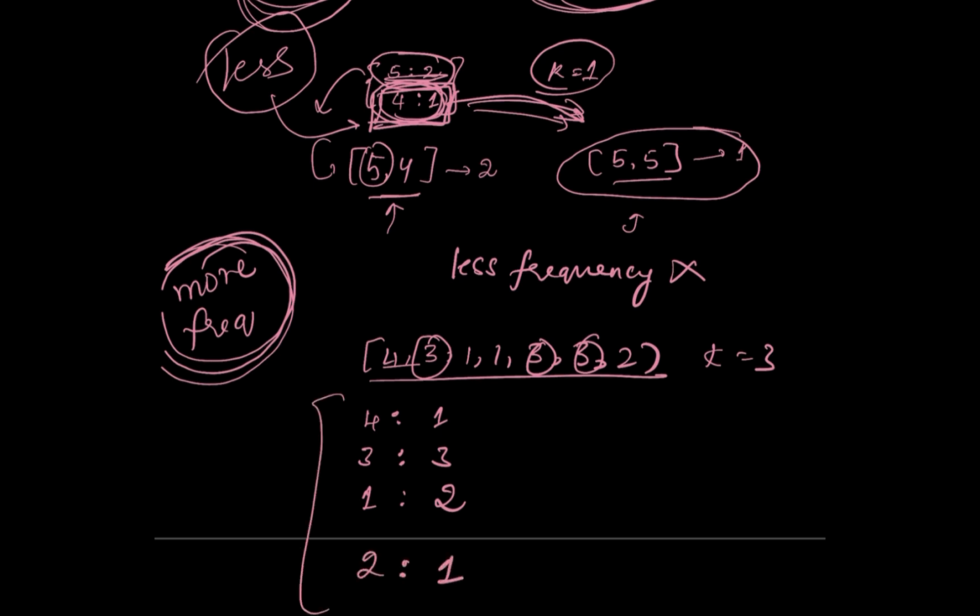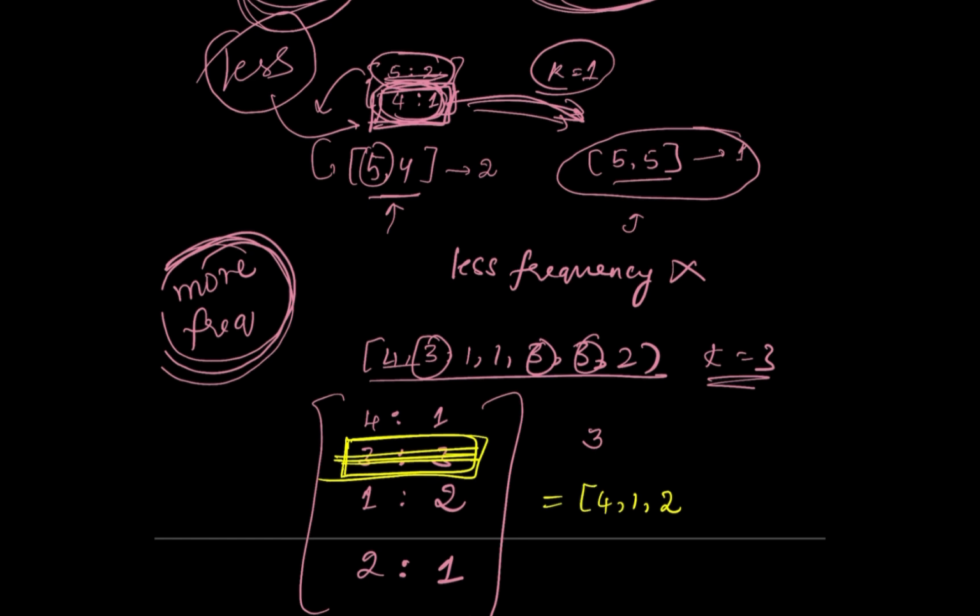Now k is equal to 3, which means I can remove any 3 elements. One option is that 3 occurs 3 times, so I can directly remove 3. Then I'll be left with 4, 1 and 2. But how many unique elements do I have here? I have 3 unique elements.